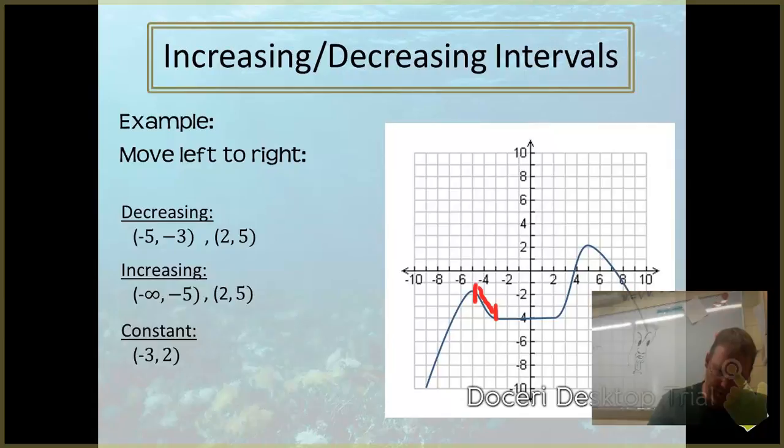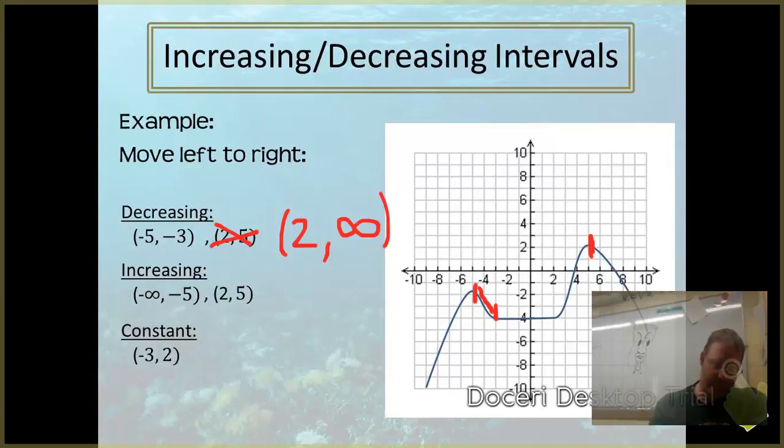Also decreasing from 2, why did I put to 5? Well, isn't that interesting? I need to make a small correction here. This right here is incorrect. It should be from 2 to infinity. Hopefully you guys noticed that.